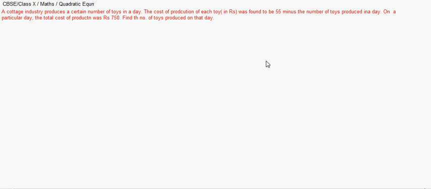Let us assume the number of toys produced in a day to be x. So we are assuming the number of toys in a day, because that's what we have to find, to be x. The cost of production of each toy was found to be 55 minus the number of toys produced in a day.